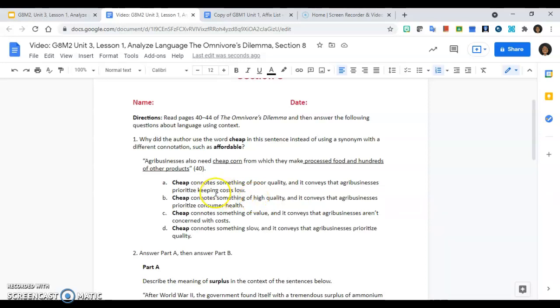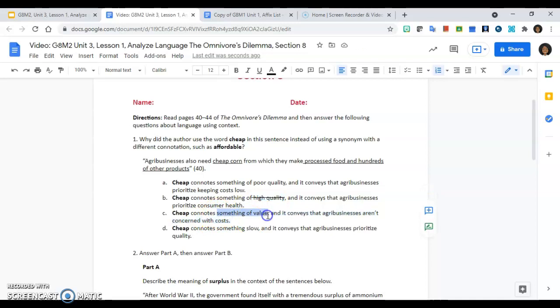So A says cheap connotes something of poor quality, and it conveys that the businesses are keeping the cost low. Okay. B says something of high quality, and we know that that is 100% not right. C says it connotes something of value.